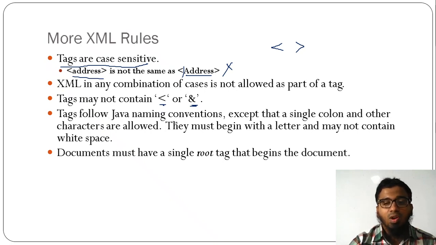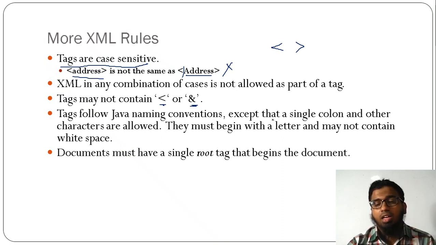Tags follow Java naming convention except that a single colon and other characters are allowed. They must begin with a letter and may not contain a space. Whenever you are creating any tag, there should not be a space in it.